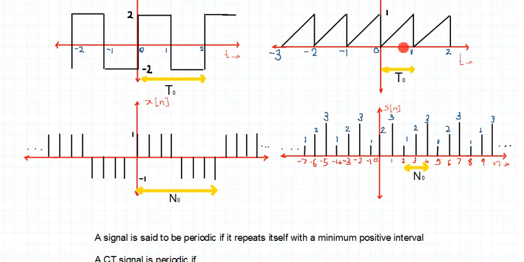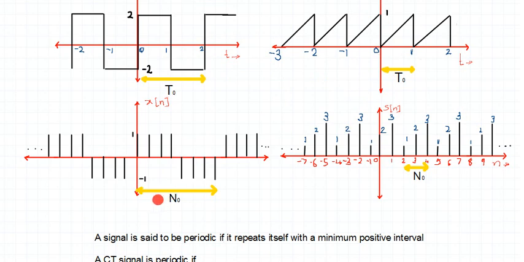It will be replaced by the next triangle, the next shape of the signal. After the shifting, we observe that this is very similar to the earlier signal. So shifting the periodic signal by a period T naught results in a similar signal.